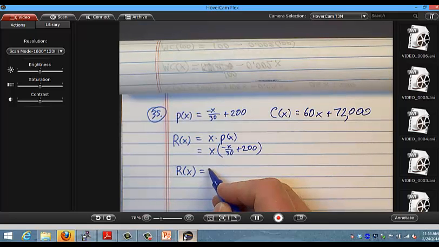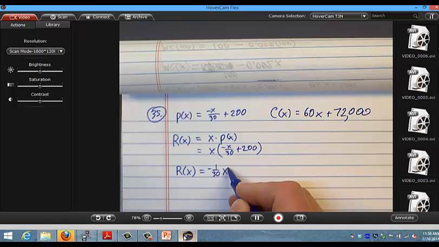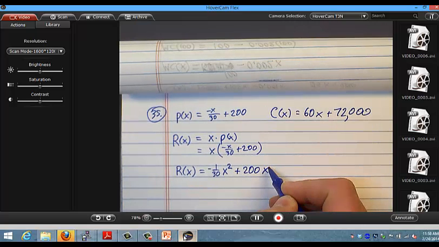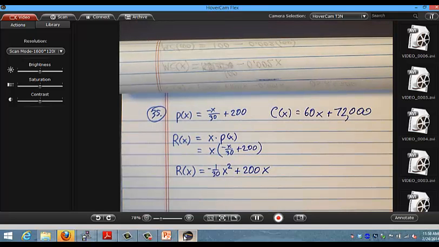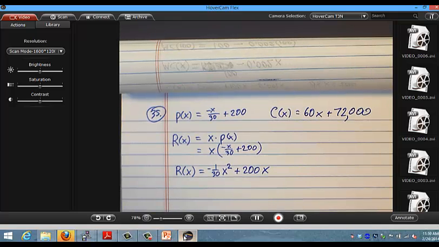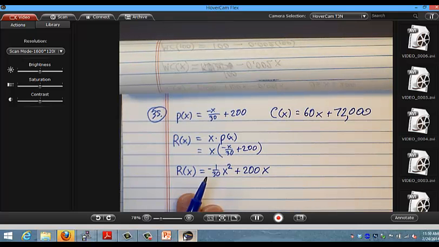So how about I write it as negative 1/30th x squared plus 200x. Does that seem okay to you guys? I mean, there's advantages for writing it this way, and there's advantages for writing it that way. Kind of depends, I guess, what you're doing. We may end up using both ways. I don't know. We'll see. But there's the revenue function.